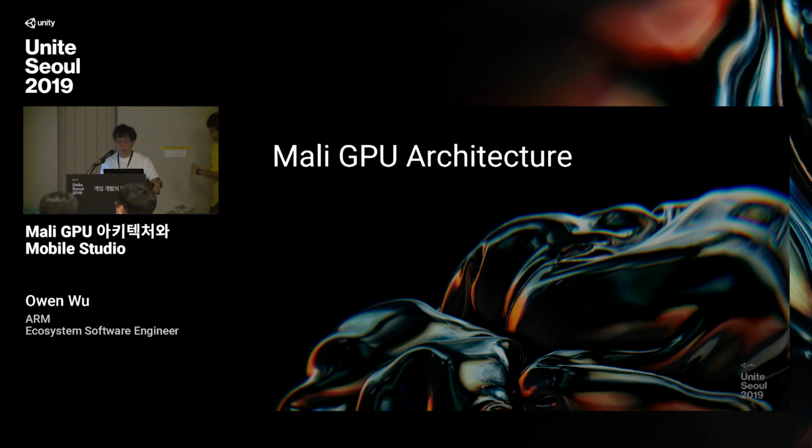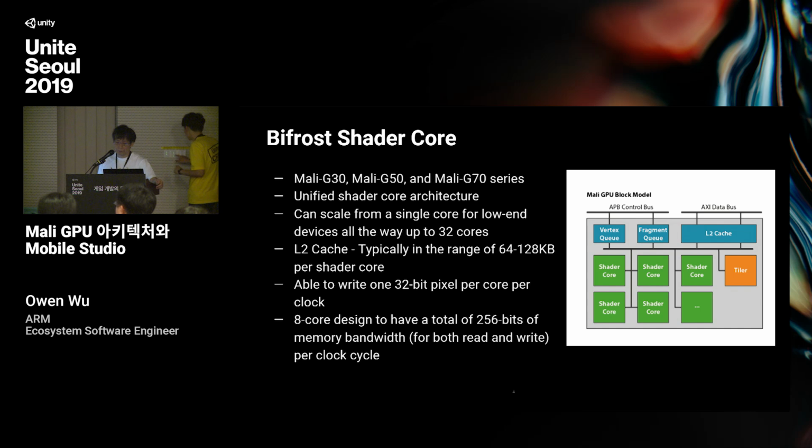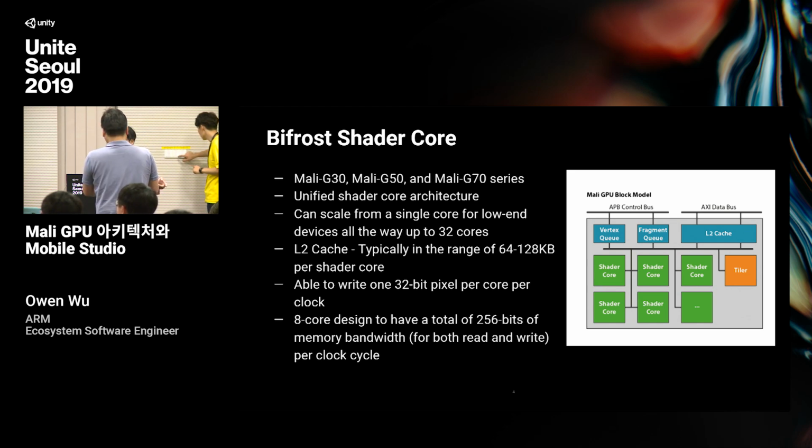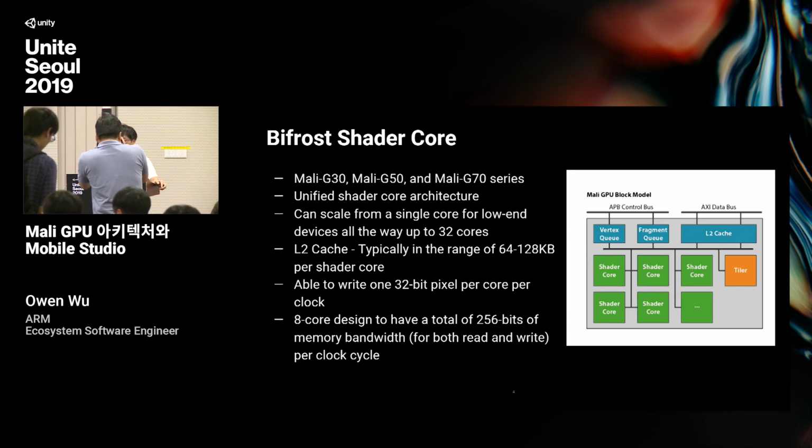First, the Mali GPU architecture. Our latest GPU architecture is Bifrost, and the Mali G30, G50, and G70 series use the Bifrost architecture, which is a unified architecture. That means one shader core handles both vertex and fragment shaders. The number of shader cores, as you can see in the picture, can scale from a single core all the way up to 32 shader cores.